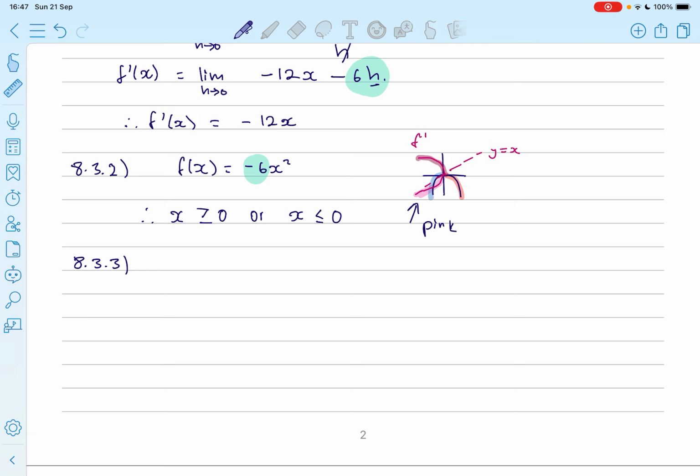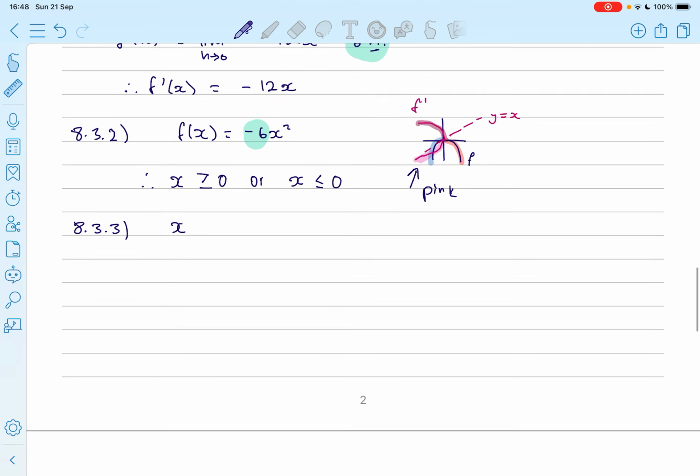Okay, and the pink highlighted side matches the blue highlighted side of the original function of f. Okay, and that original part of the function where it's blue, that is the part where x is equal to or less than 0. But let's get the inverse first.